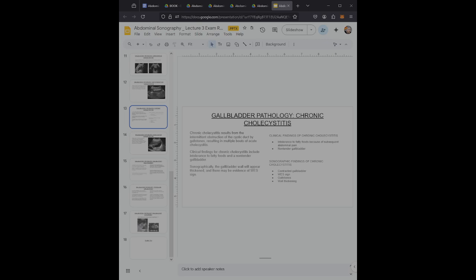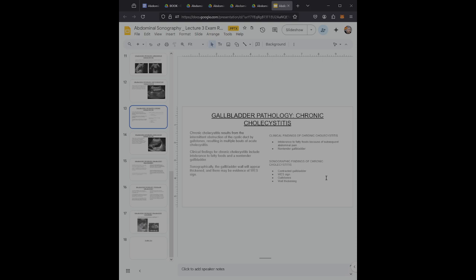Chronic cholecystitis results from intermittent obstruction of the cystic duct by gallstones, and it results in multiple bouts of acute cholecystitis. Clinical findings include intolerance to fatty foods and a non-tender gallbladder.